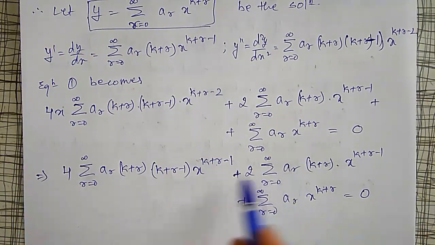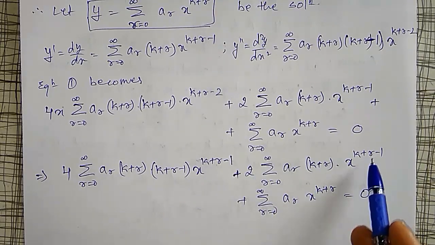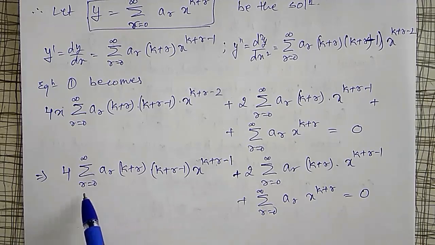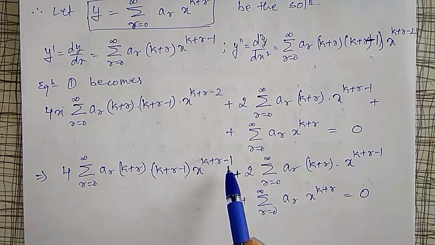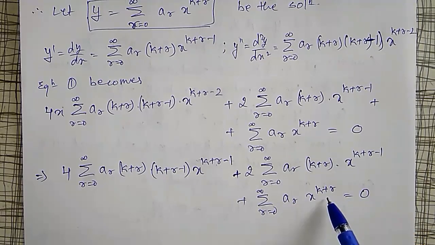Then from these two terms, x to the power k plus r minus 1, I can take common, and this also I can take common. Or directly, what you can do is equate the coefficient of the lowest degree term. If you substitute r equal to 0, then the power will become k minus 1, and here also k minus 1, but here it will become k.